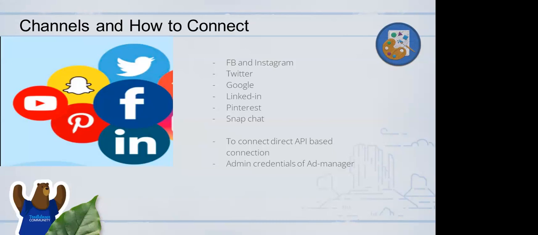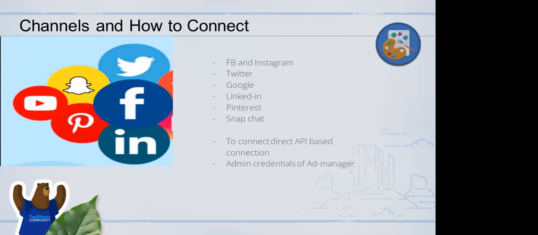Instagram is also managed by Meta, so it's part of Facebook itself, where you can connect both your Facebook ad account and your Instagram ad account to Marketing Cloud and run ads via Marketing Cloud.